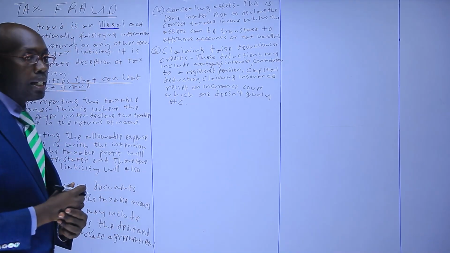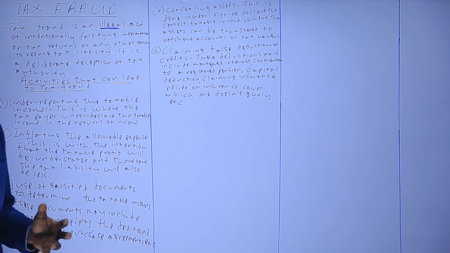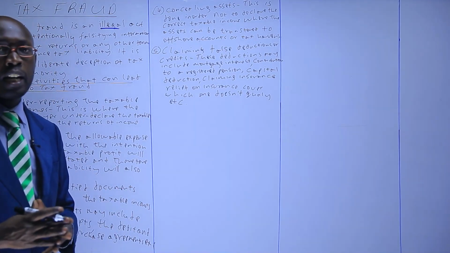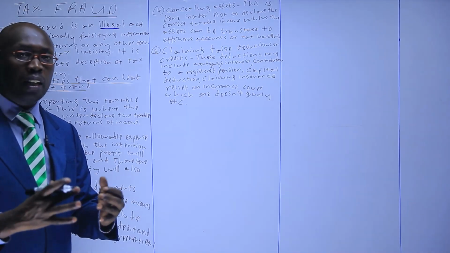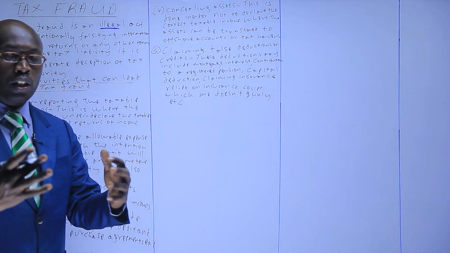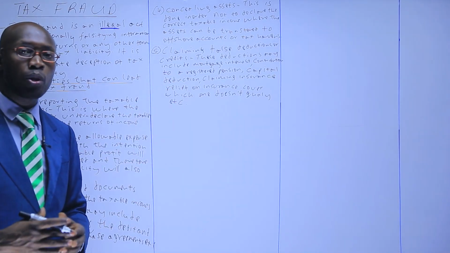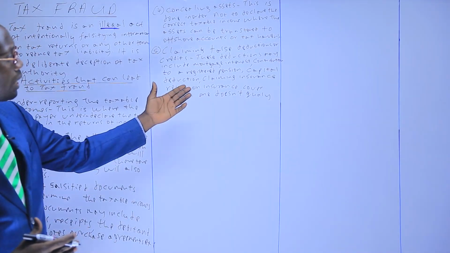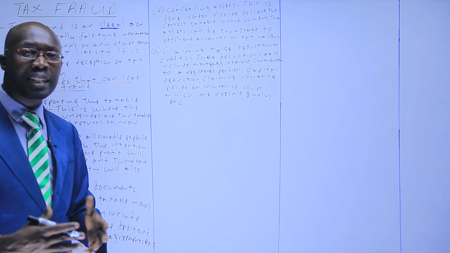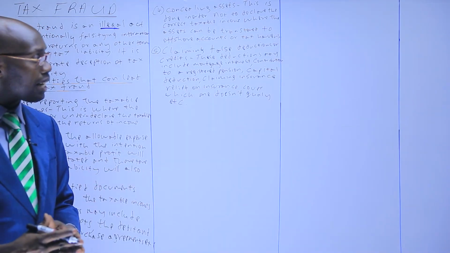So in this case, we are saying that you can claim false deductions which you don't qualify for. Like when you are under employment, you are told that if you have a mortgage loan, you can claim mortgage interest relief to reduce your taxable income. You also learned that you can use the amount you contribute to a registered pension scheme to reduce your taxable income. When it is business, we learned that capital deduction or capital allowance on fixed assets can be used to reduce the taxable income.